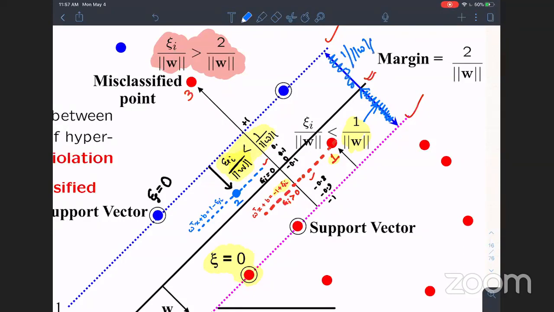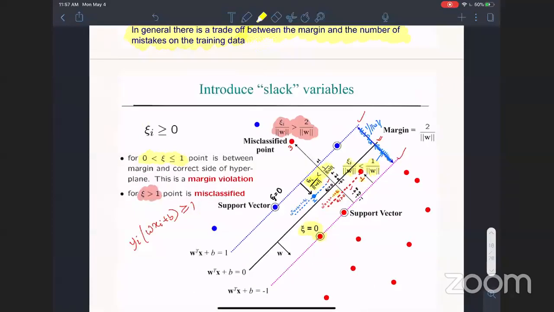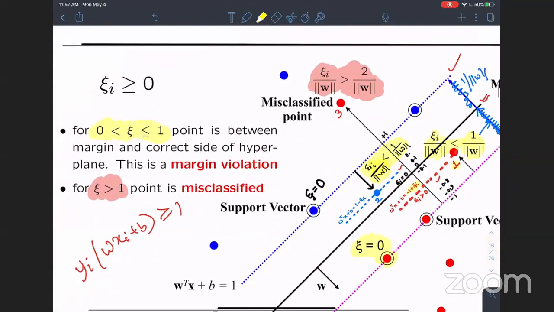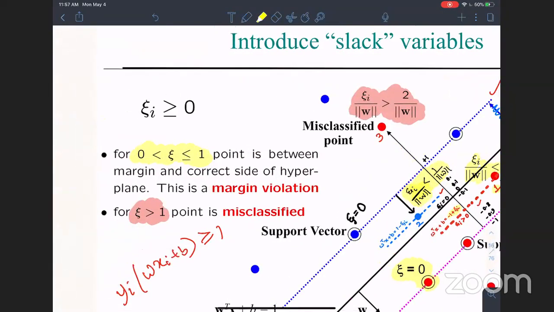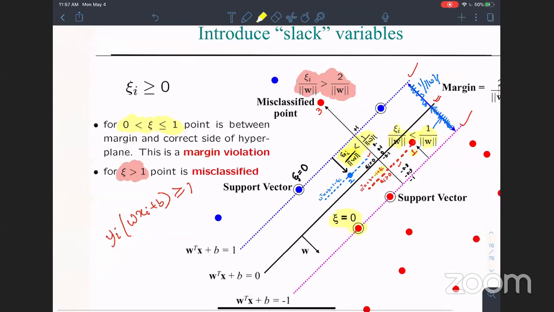So we're basically saying, as far as your distances are concerned, a point is said to be within the margin if its eta_i is less than 1, right? So look at this condition. For eta between 0 and 1, you are within the tube. That means the point is between the margin and the correct side of the hyperplane.